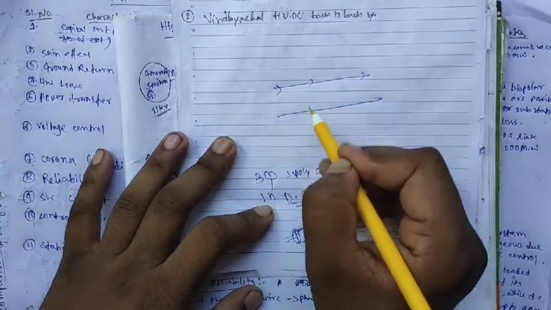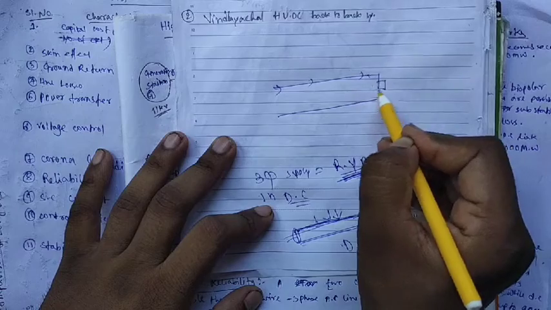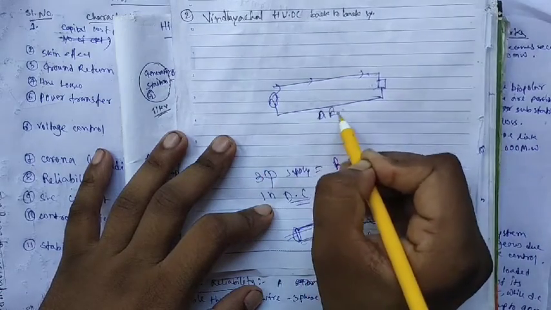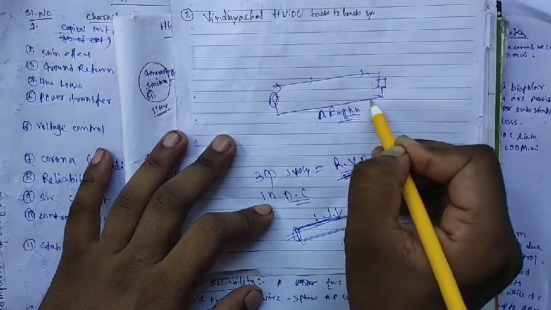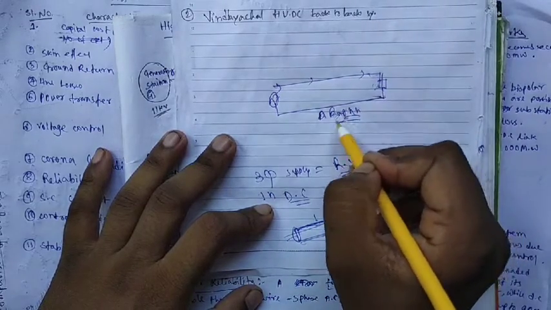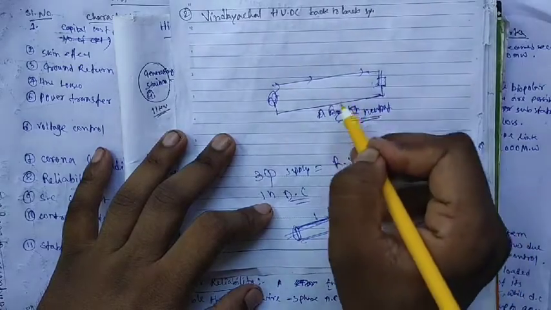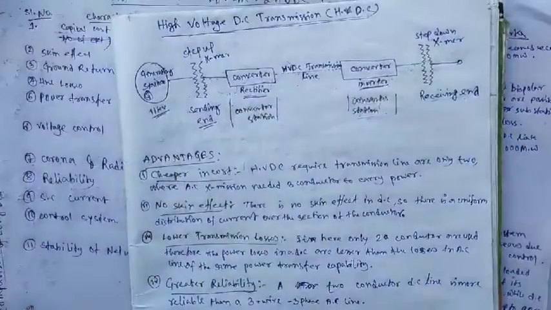Suppose this is the transmission line and the circuit. This is the earth, and this is the neutral. So no ground return is possible.